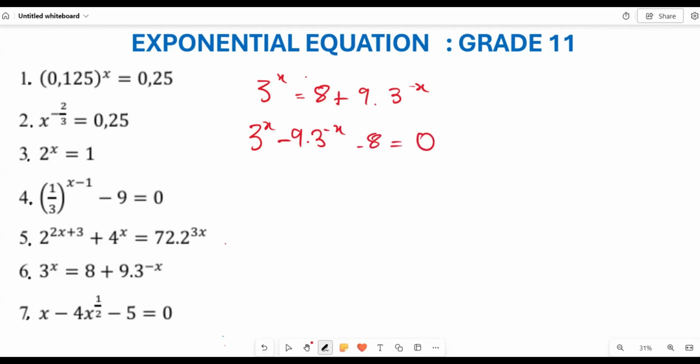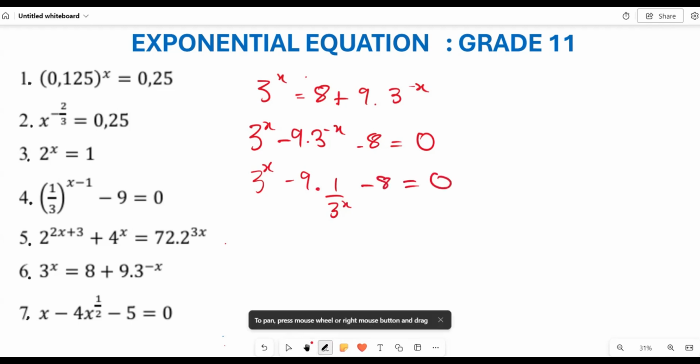Right, again. And now from here, I want to write this as a positive exponent so that I can start working. So this is same as 3 to the power of x minus 9 multiplied by 1 over 3 to the power of x, minus 8 equals 0.